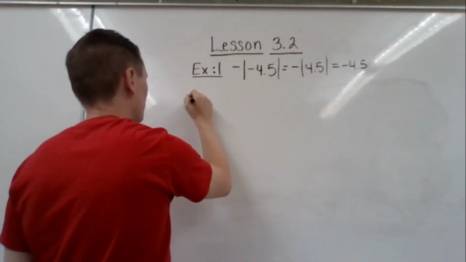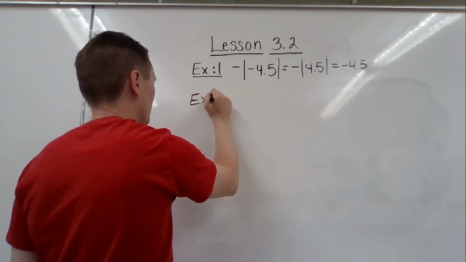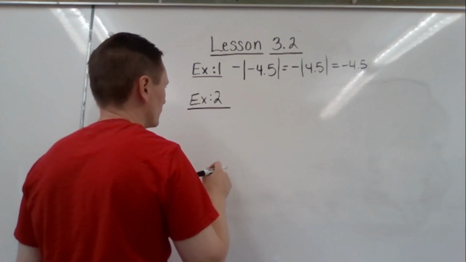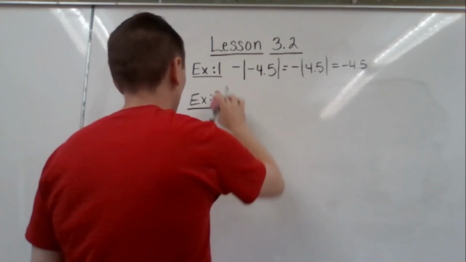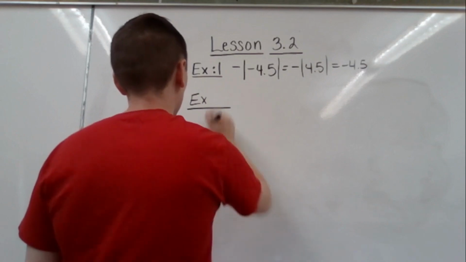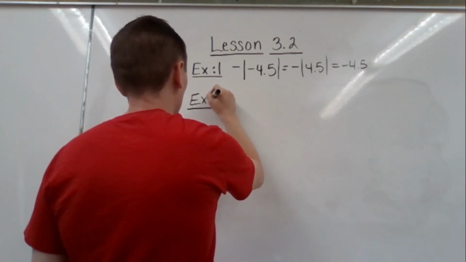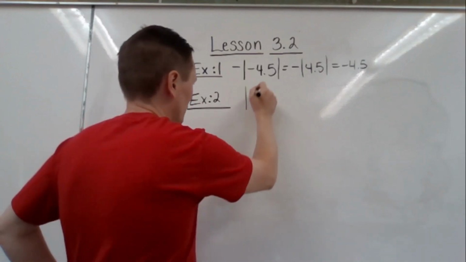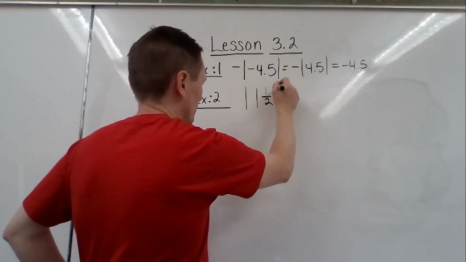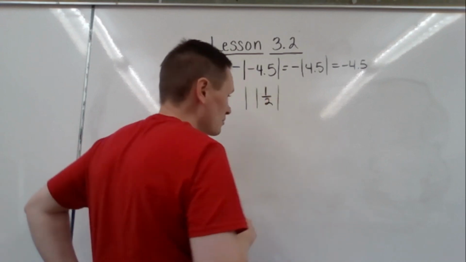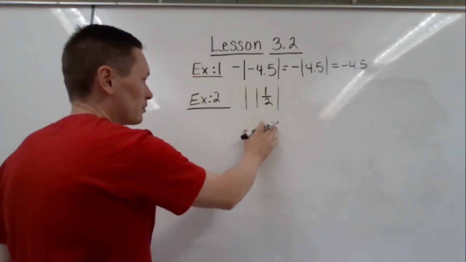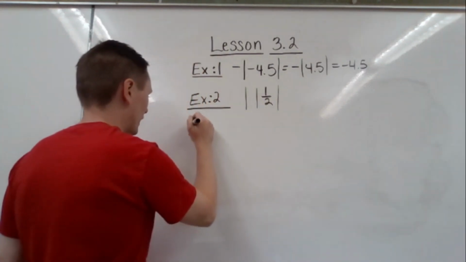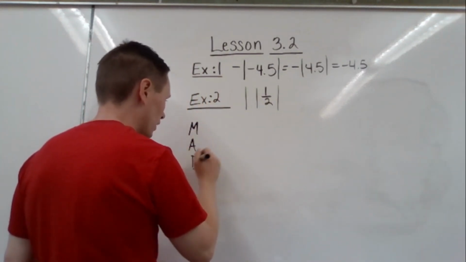All right, example number two. Example number two says the absolute value of 1 and 1/2. Oh, that's a rational number. Remember, if we were to get mad and change this: multiply, add, divide.